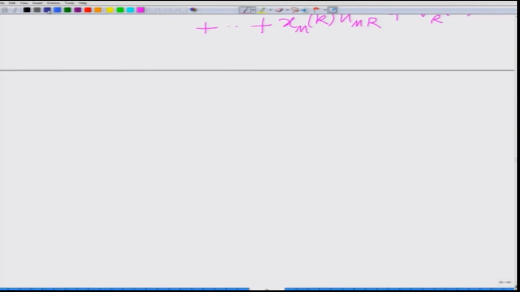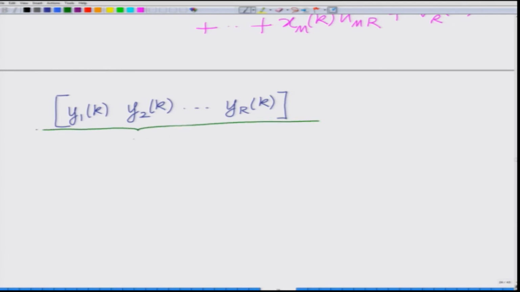So, and you can verify this, I can write y1k, y2k, up to yRk. I am writing this as a row vector, you can check this. This is basically y bar transpose of k, where y bar of k, which we have defined previously, contains the R dimensional vector of received symbols at time instant k.